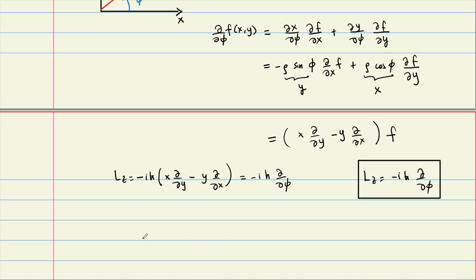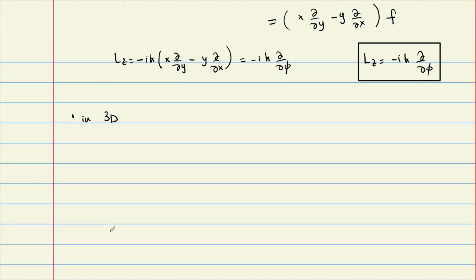So we can also do exactly the same calculation in 3D, and the result will be the same, but let me show you how to get that. So here is my coordinate system, something like that.